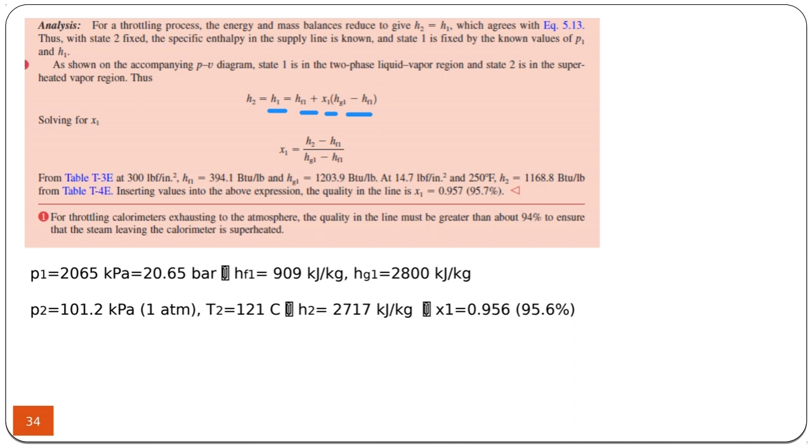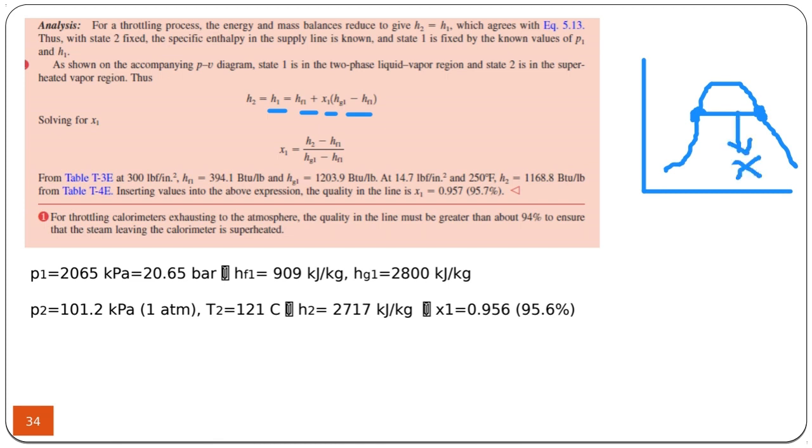So at the inlet, we have 2065 kilopascals, and if you use the saturation table, you will find h_f1 is 901 kilojoules per kilogram, and h_g1 is 2800 kilojoules per kilogram. They are the values in the saturation curves as this one and that one, but our sample is here, so we have to calculate x.